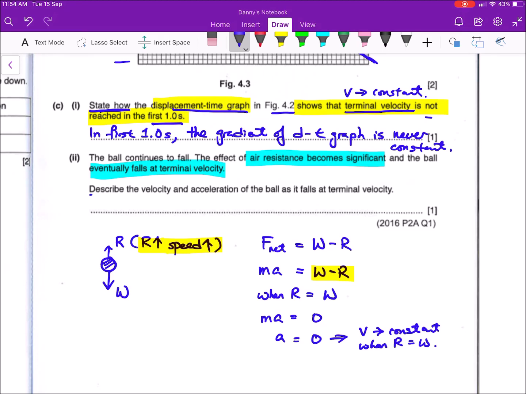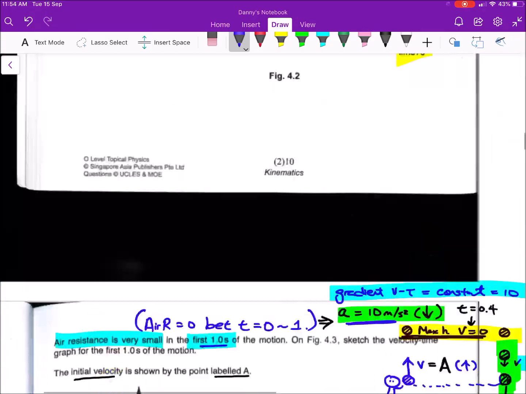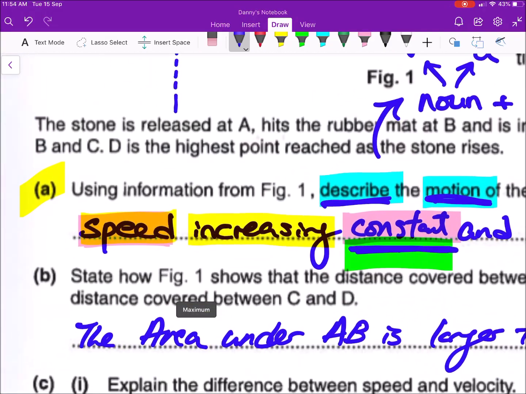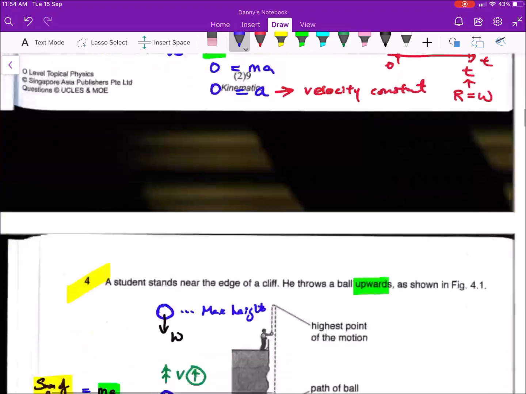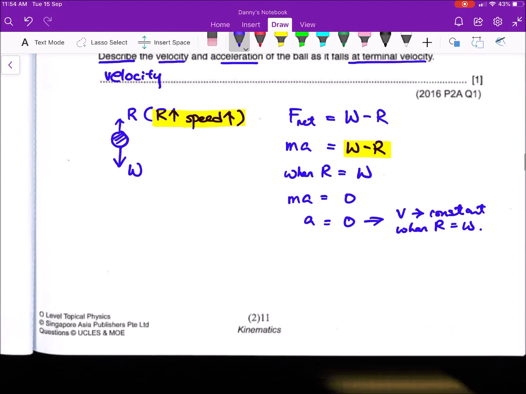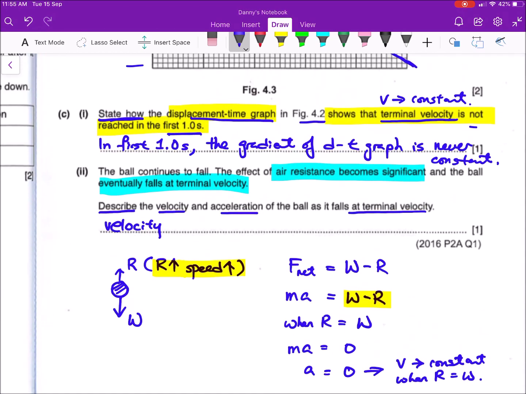So now you need to describe the velocity and the acceleration at terminal velocity. I think it is way easier. How would you describe velocity? Velocity is the noun, so to describe it, you need two adjectives, like what I said at the very first question. So at terminal velocity, your velocity becomes constant, it no longer changes. So velocity is constant.